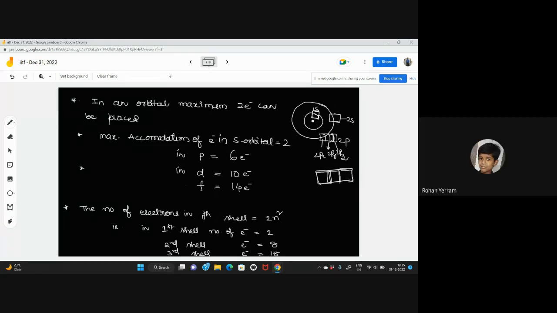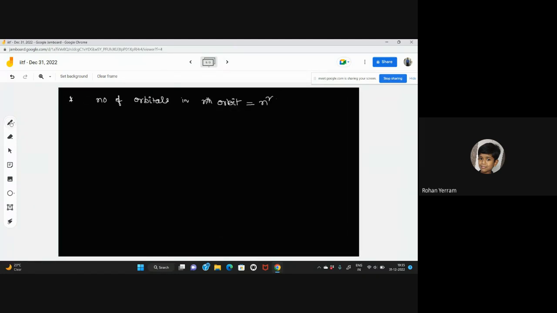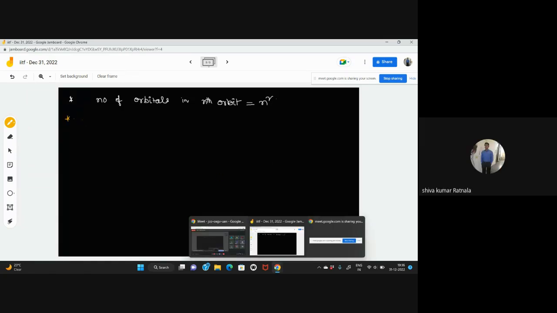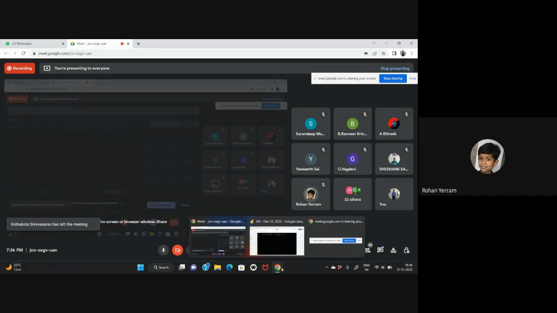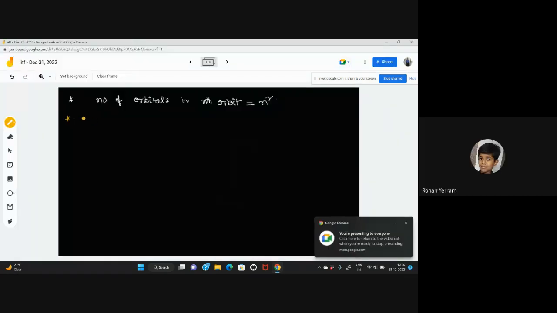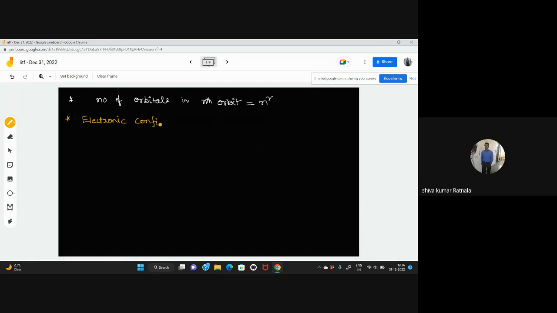After these quantum numbers, the next topic is electronic configuration.